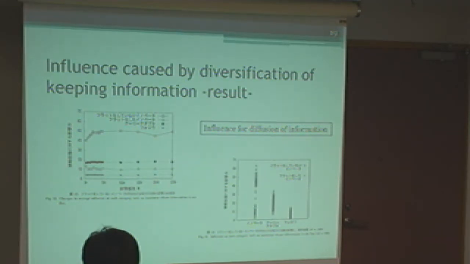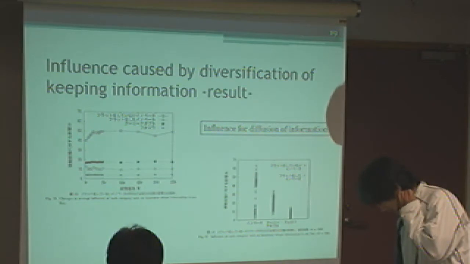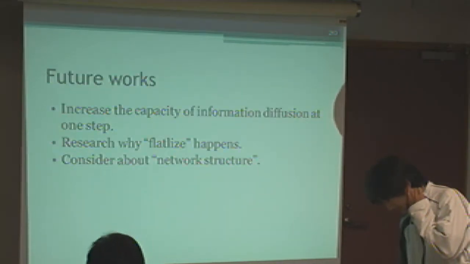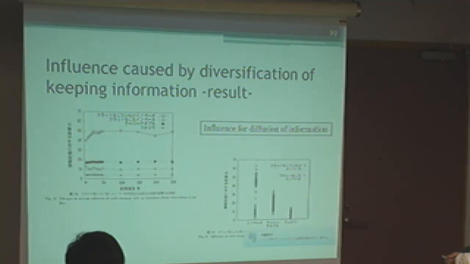And in this figure, the circle is the not flatterized innovator, and this is the flatterized innovator. The not flatterized innovator has great influence. So this means flatterize caused the decrease of influence of the innovator.